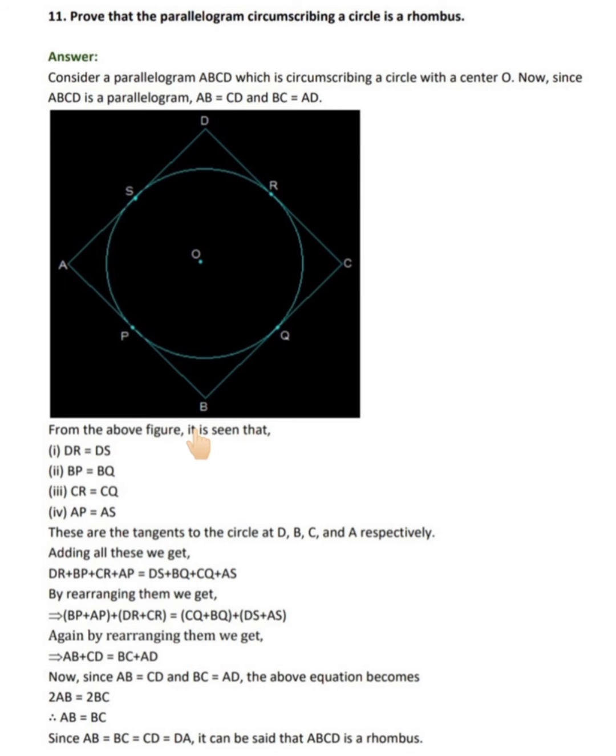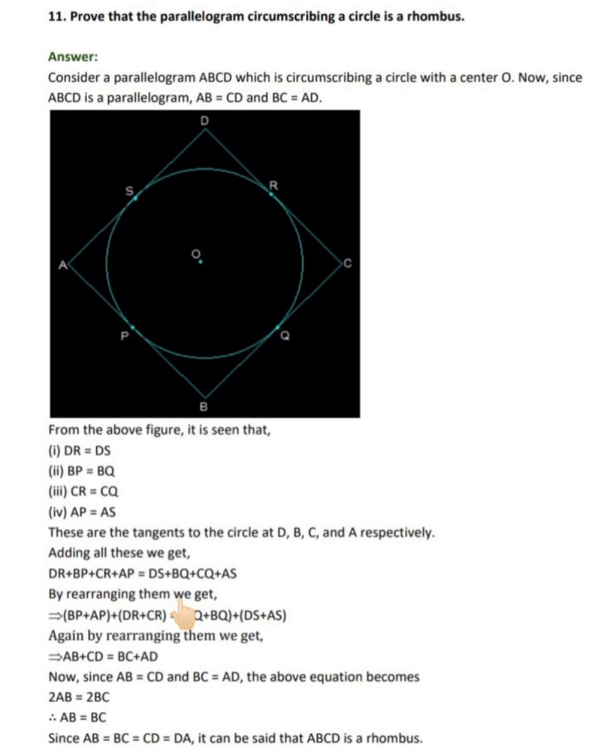And BP plus AP: BP is here somewhere, and BP and AP sum to AB. Similarly DS and AS: their sum is AD.